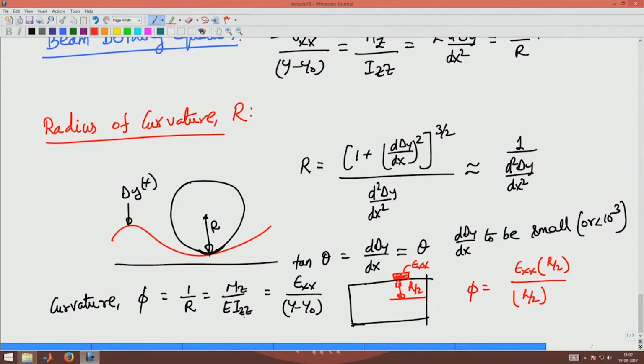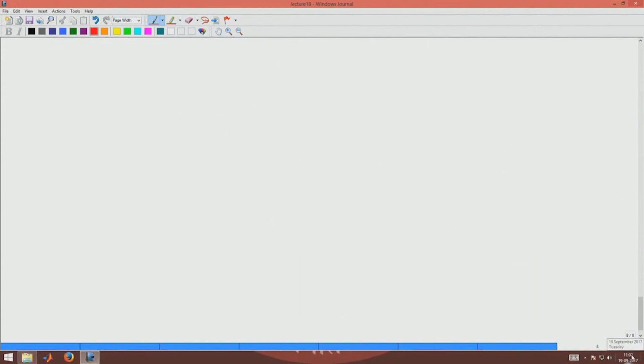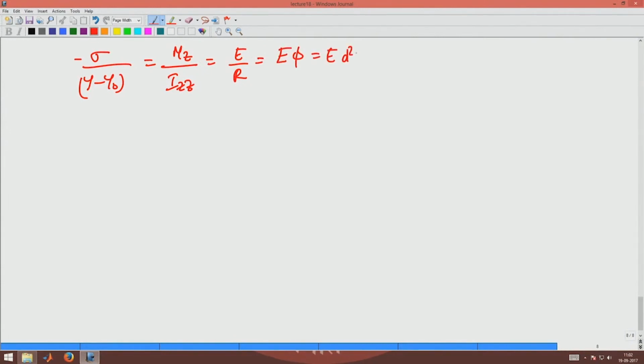So, to summarize, what I have seen in today's lecture is two things. We have found the bending equation for the stresses. The bending equation is given by minus sigma equals (y minus y naught) Mz by Izz equal to E by R equal to E phi equal to E d square delta y by dx square.